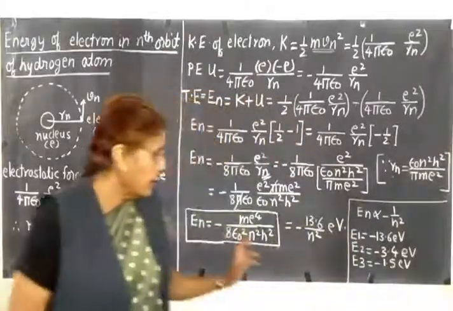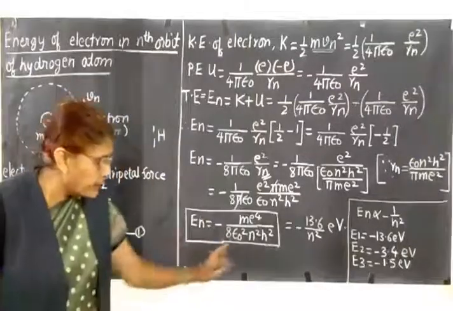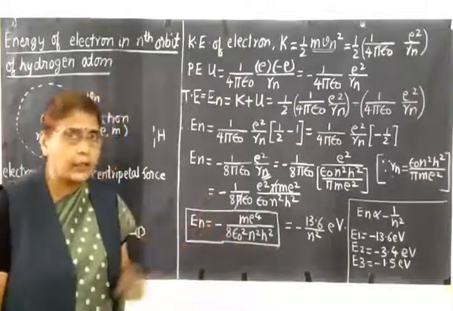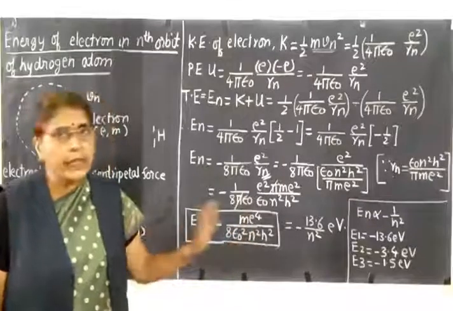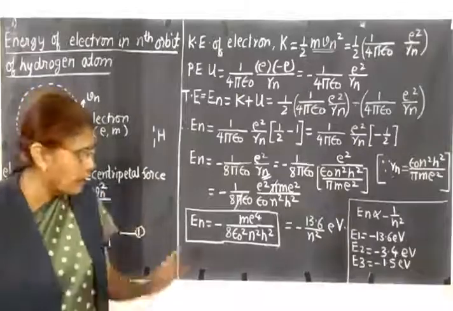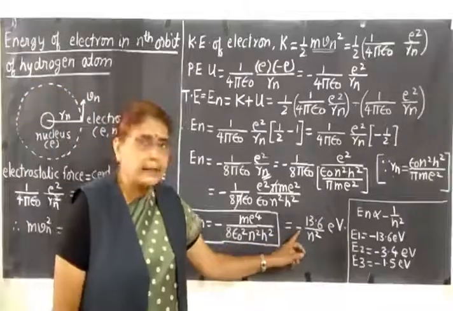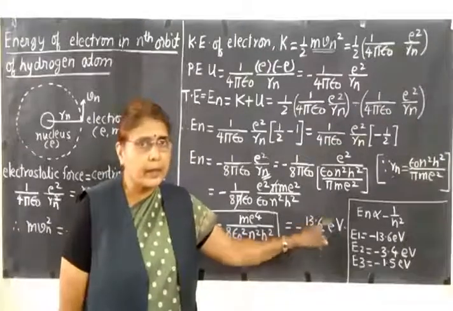So that is why it is with the negative sign. Then you will observe that except n, all other terms are constant. M, E, epsilon 0, h, all are constant. Put the values of the constants and simplify. The value comes out to be minus 13.6 upon n square electron volt.